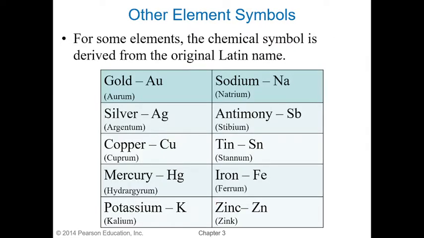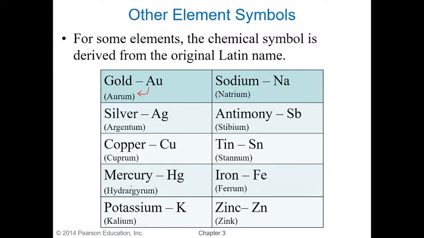So again, another set of derivation: some elements are derived from a Latin name. For example, gold is Au from the Latin word aurum, because aurum in Latin is gold. Silver is Ag, argentum. Copper is Cu, cuprum.